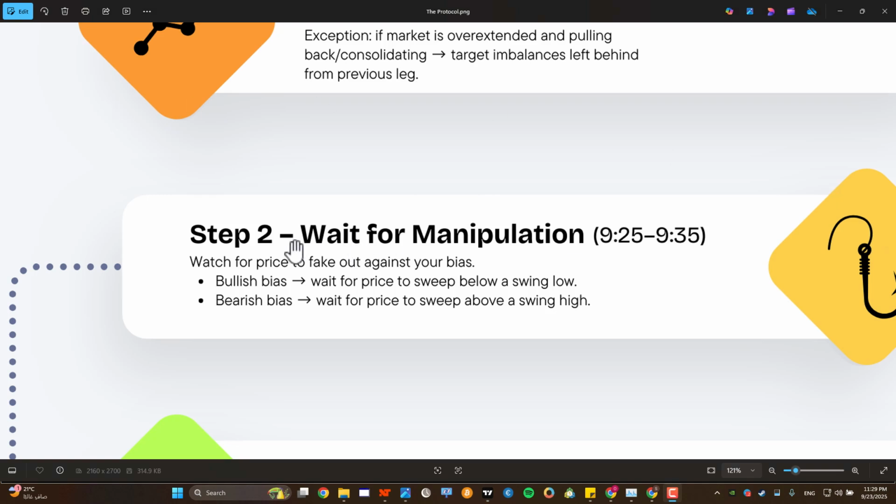Again, very easy. Step 2, you need to wait for a manipulation. The window is 9:25 to 9:35 New York time. It can be before that, it can be just after that, but mostly you're going to find it's going to happen in this time window. So what is a manipulation? You need to watch for price to fake out against your bias.